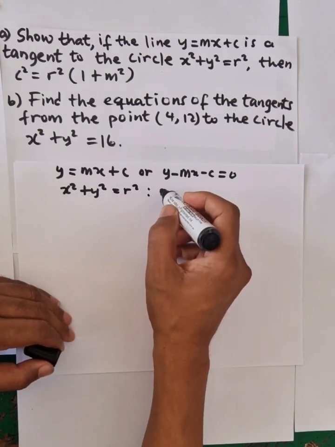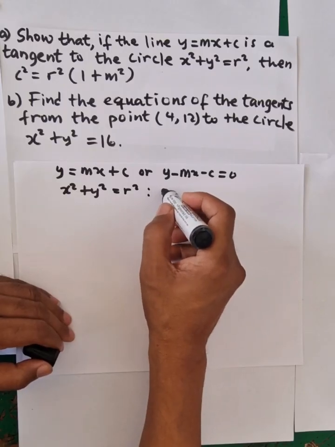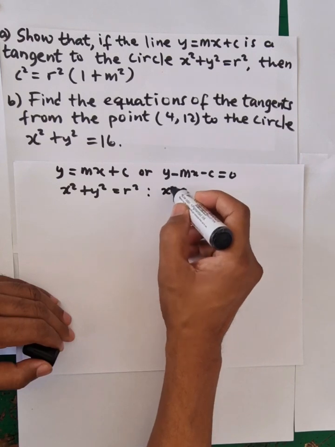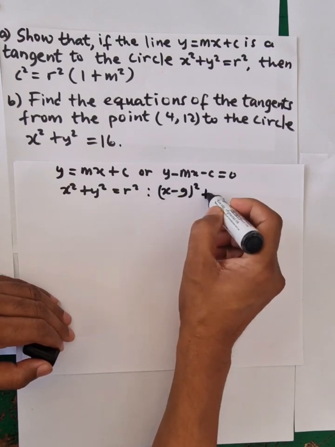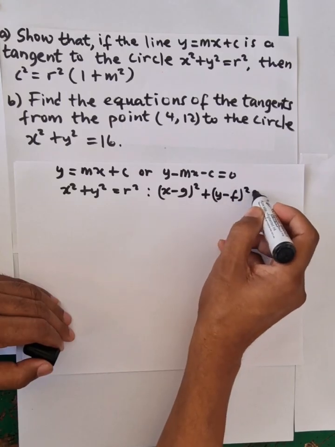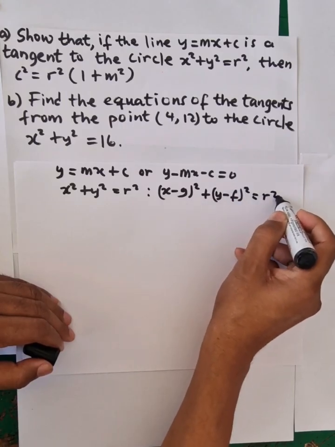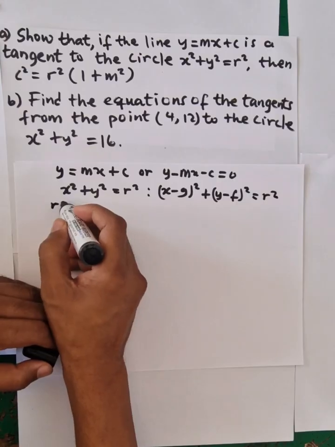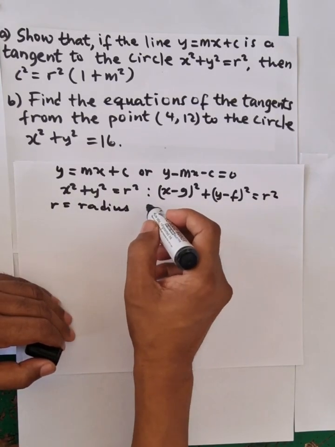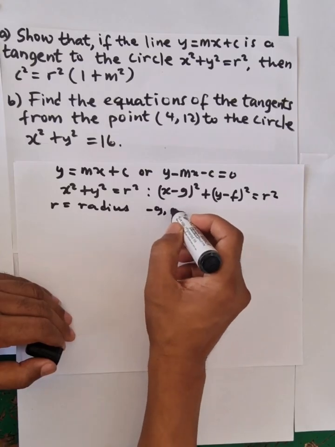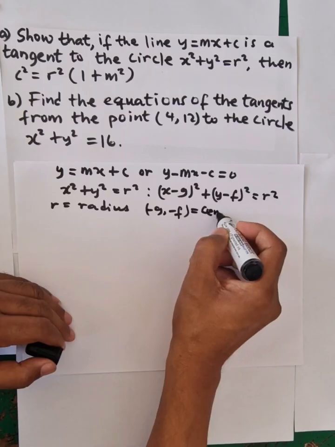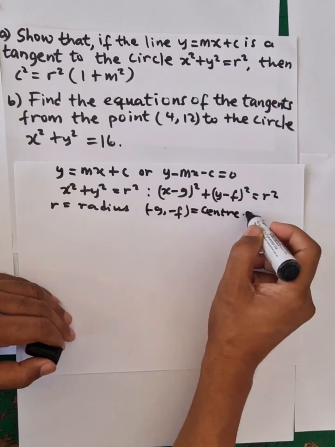Now let's compare that to the standard equation of a circle, which is x minus g all squared plus y minus f all squared is equal to r squared, where r is equal to the radius and negative g comma negative f is equal to the coordinate of the center.